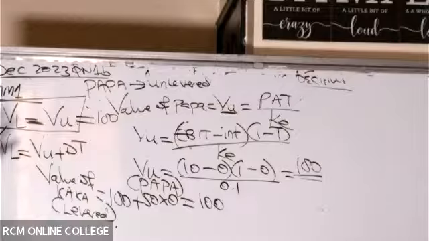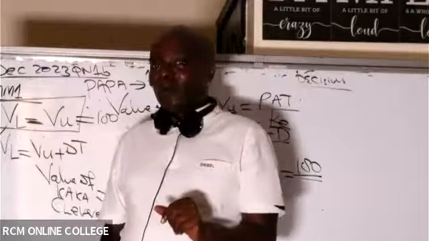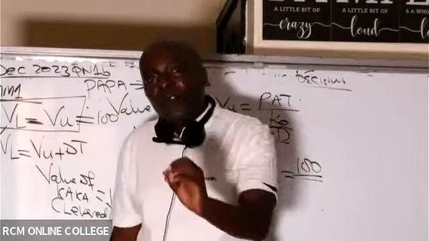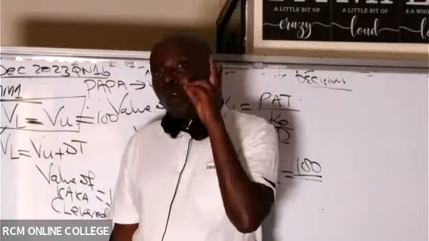Now, ladies and gentlemen, once you've gotten the value of a levered farm, please listen to me. The next thing will be for you to dissect it. You break it down into 2 components.